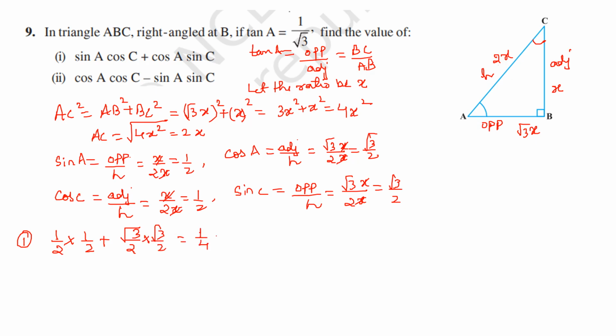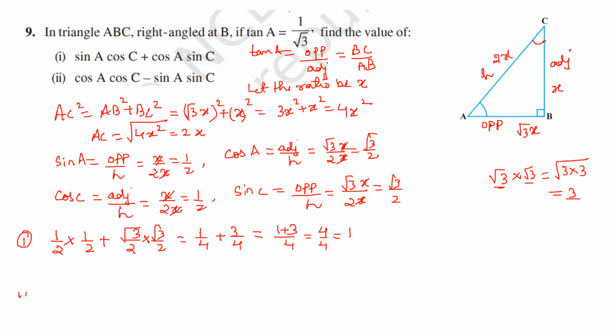So from here I will get 1 by 4 plus 3 by 4. Now see, root 3 into root 3. Just try to understand. Root 3 into root 3 means it is root of 3 into 3. So answer is 3. So whenever you see the root of the same number, it will become the number itself. Okay, so now (1 plus 3) by 4, which will give 4 by 4 equal to 1.